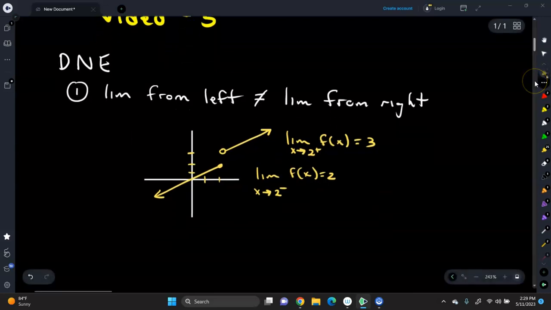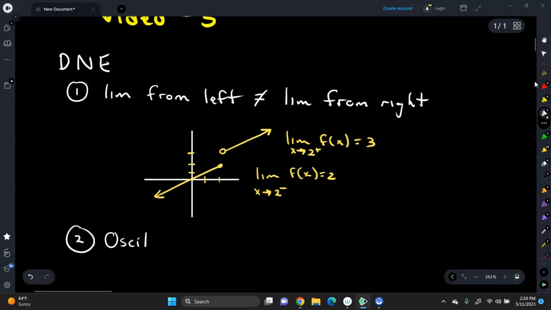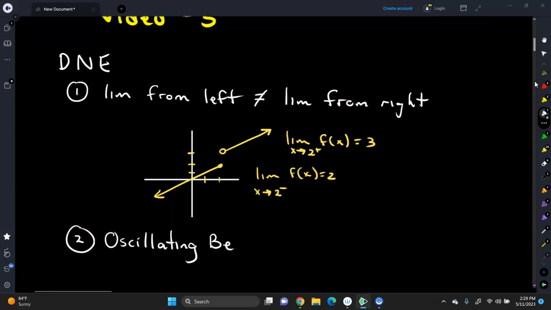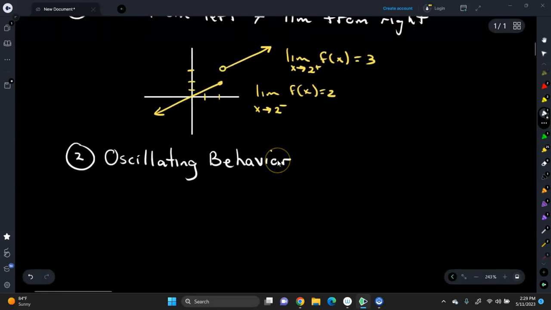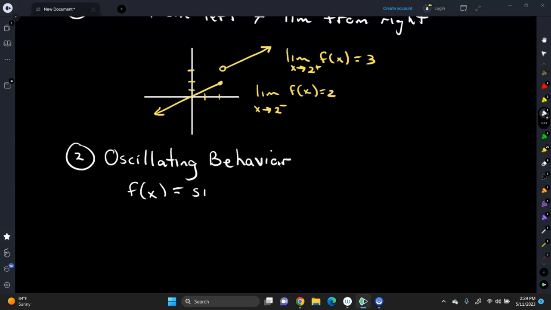Another case where the limit does not exist is when we have what we call oscillating behavior. For instance, if I had f of x equals sine of 1 over x, if we actually look at that graph, let me pull it up on my calculator.